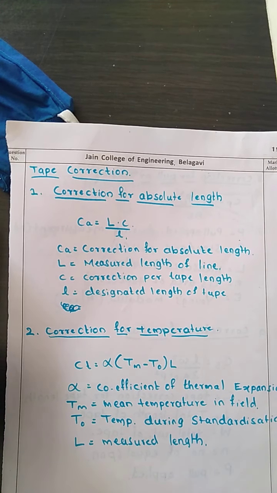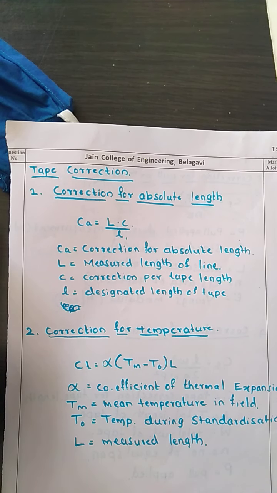Now first we will concentrate on the correction for the absolute length. If the actual length of the tape or wire is not equal to its designated length, then correction has to be applied to the measured length of the line.